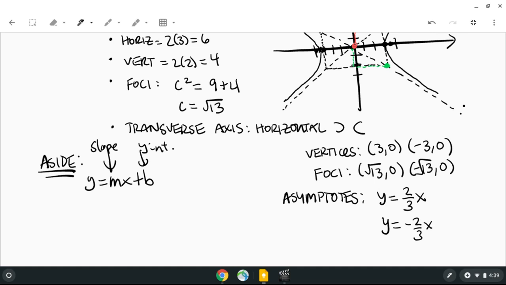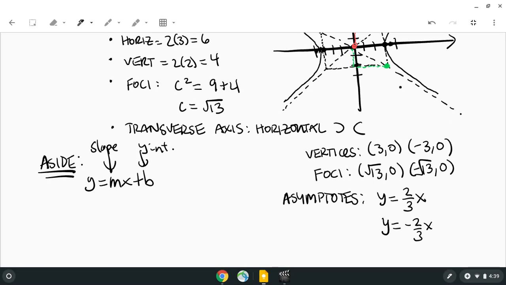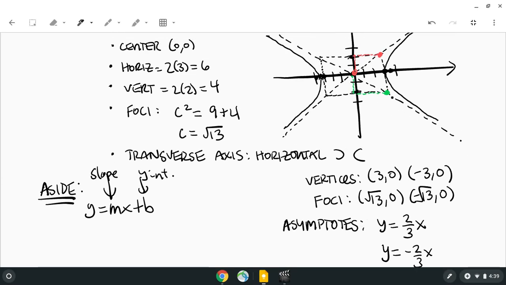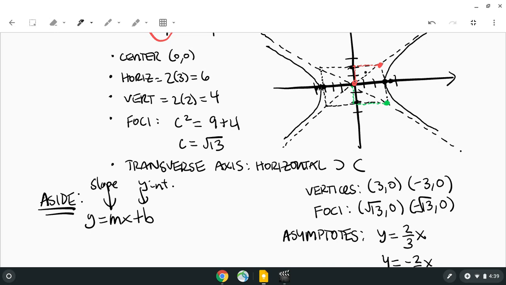So for the asymptotes here, it's basically going to be whatever your rise over run is, because all of them are centered at 0, 0 in this section. In the next section, we start shifting these around, and then maybe you know the y-intercept because it's very clear, and maybe you don't.